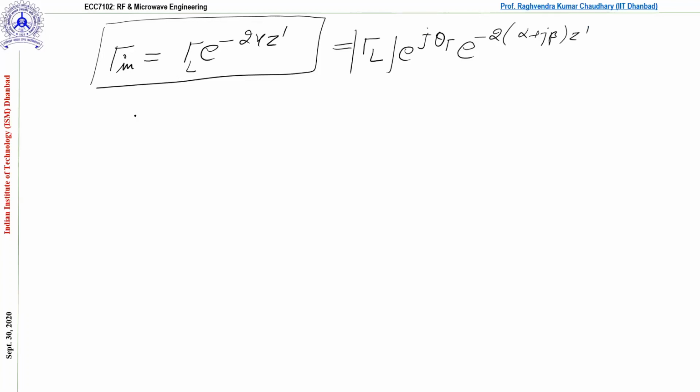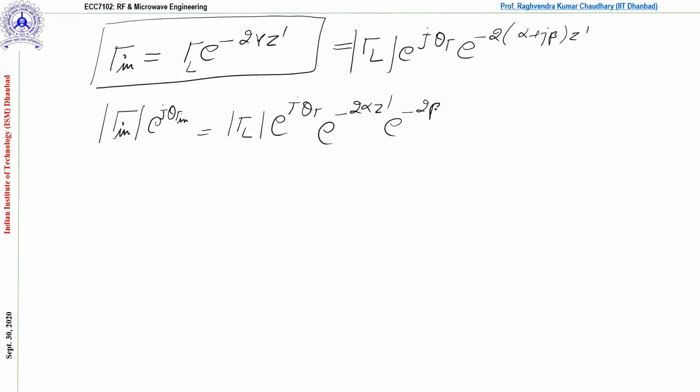The benefit is that now we can write the right hand side as well in magnitude and phase form. Now we need to compare the real and imaginary parts here.